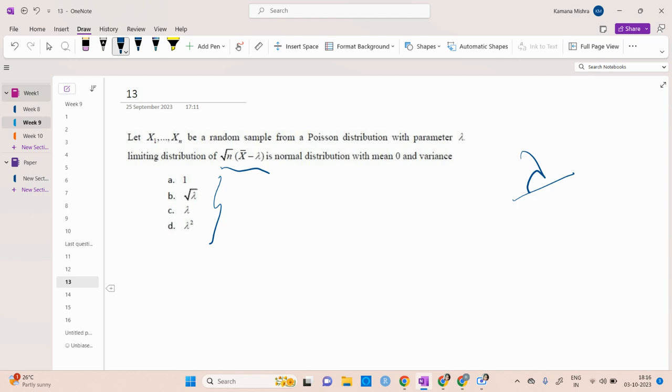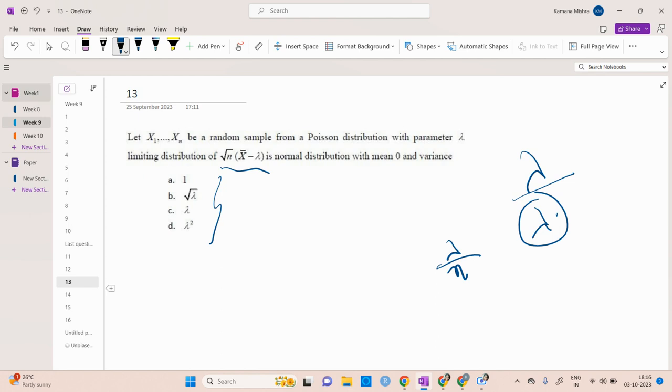Now what we know is that for a Poisson distribution, mean and variance are the same. So the mean will be lambda and the variance will also be lambda. For x1 up to xn, the variance of the mean will become lambda upon n.